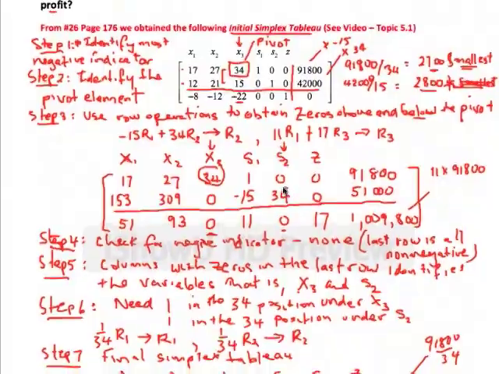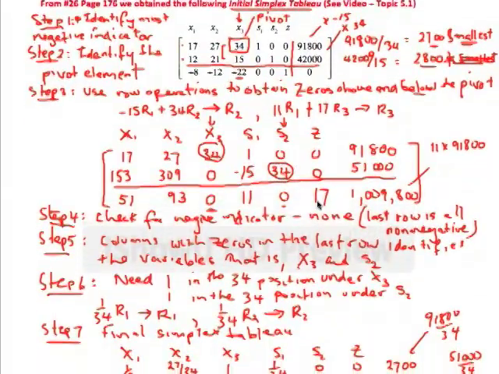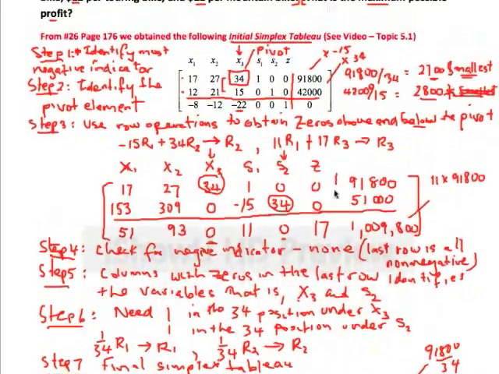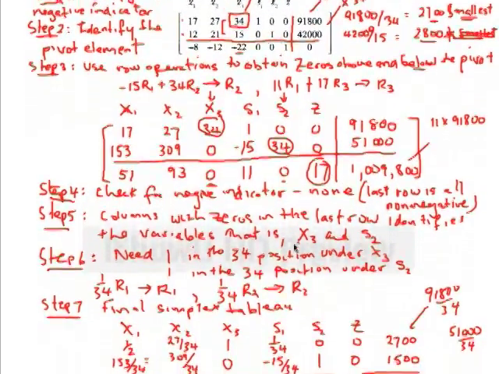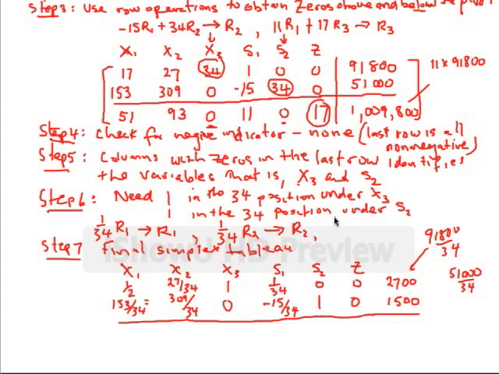And now, remember, let me circle these ones. We need a 1 here, we need a 1 here, and of course we've got 17z here. Okay, so I'm going to need to divide this by 17. So that's our next one. 1 on 17 times R3 produces our new R3. So it's going to be 51 divided by 17, which is 3.